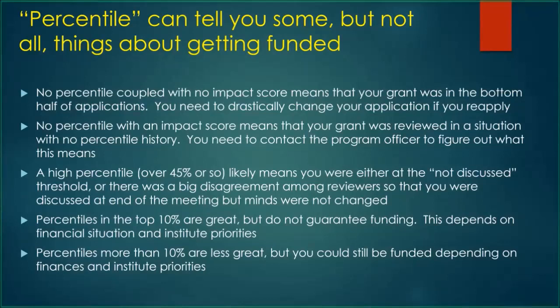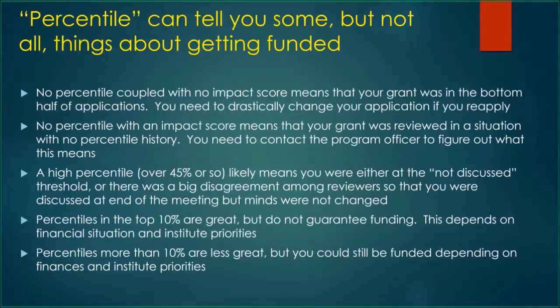Now those percentile scores are way better than they used to be, but different institutes have drastically different funding rates. Different grant mechanisms have drastically different funding rates. And so this is really something that depends on financial situation and institute priorities. Now, if your percentile is worse than 10%, that's less great, but it's still possible to be funded.